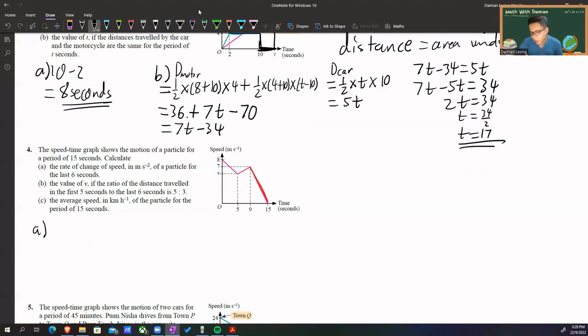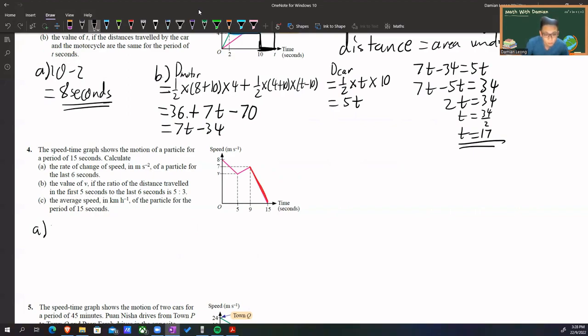But when they say rate of change of speed, basically I just use the gradient, because rate of change of speed when it's negative value means it's a deceleration. When they say rate of change of speed, we don't just take the magnitude of it. We have to indicate whether it's positive or negative, whether it's increasing in speed or decreasing in speed.